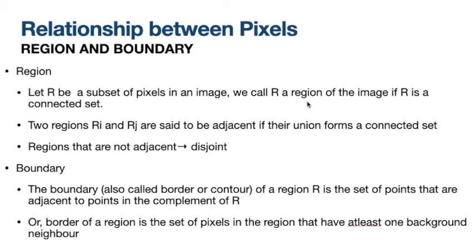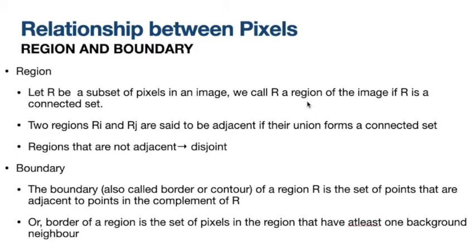Then we will see some region and boundary of pixels. Okay, region. If R is a subset of pixels in an image, we call R a region of the image if R is a connected set.